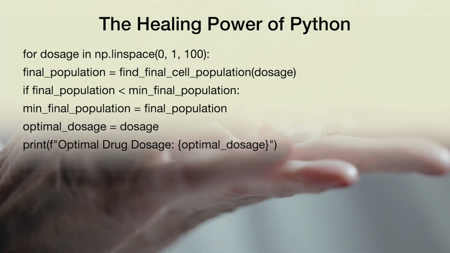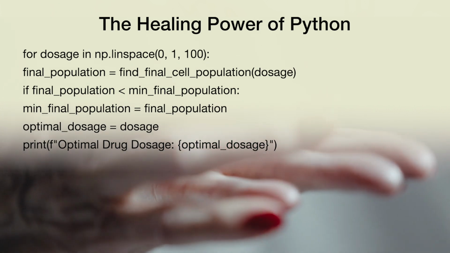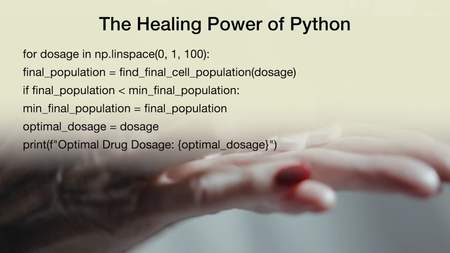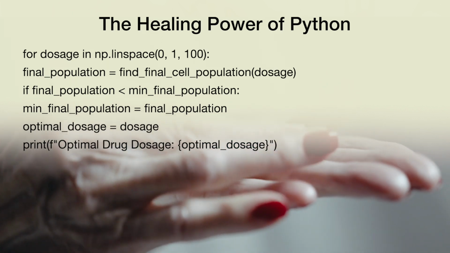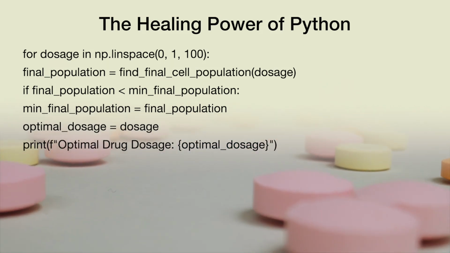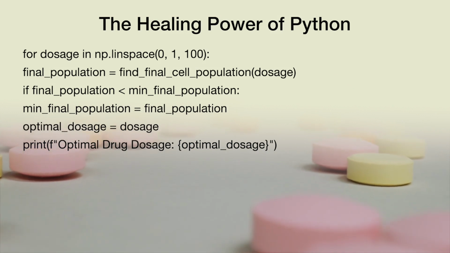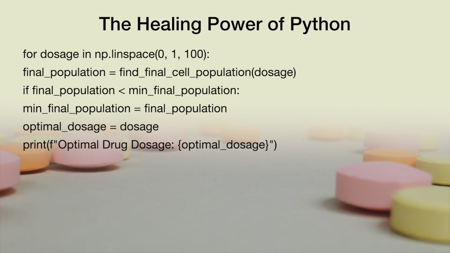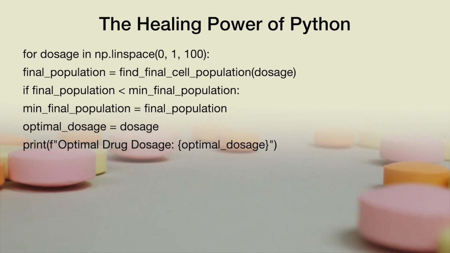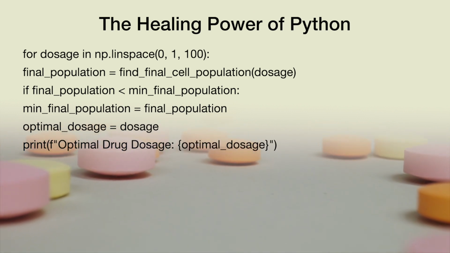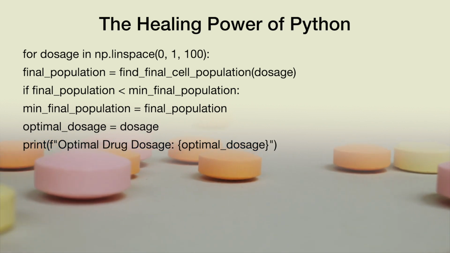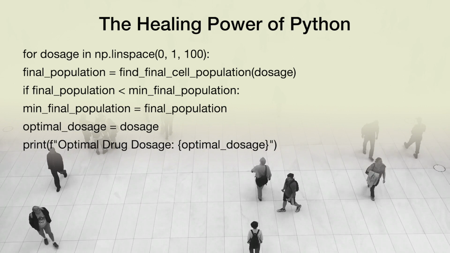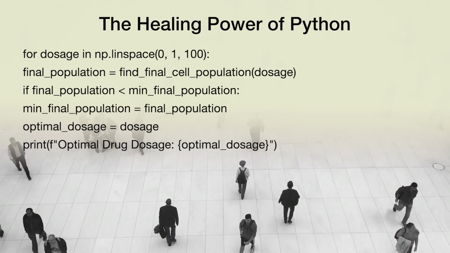We have already defined this particular function in the above code that we have already seen. Now we are going to check if these doses yield a lower final population. And how are we going to check? It's very simple. We are just going to introduce a condition. We say if final population is less than minimum final population, then minimum final population is equal to final population.